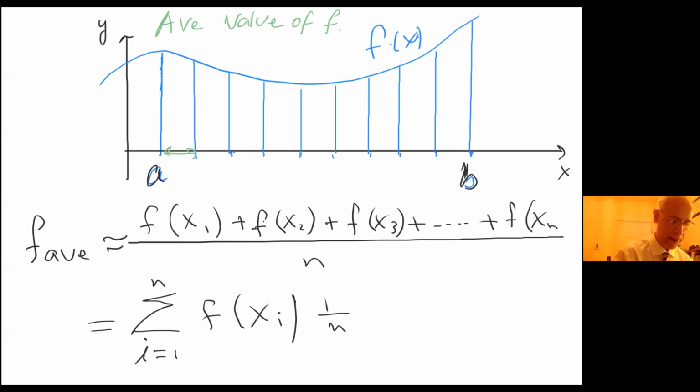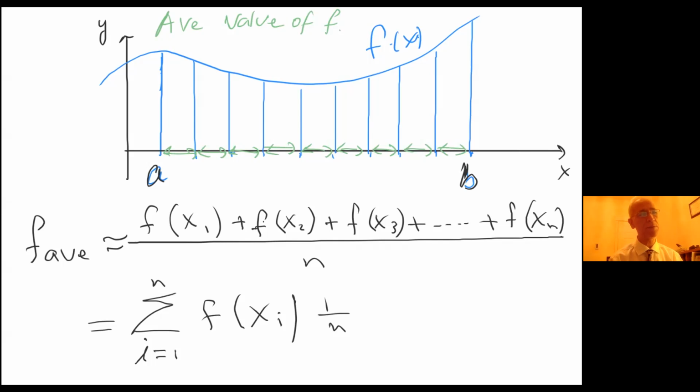Okay, so let's break this into equal distances here for x to try to make a Riemann sum out of this. So notice that f average is, if I add f of x1 plus f of x2 plus f of x3 and on, all the way to f of x sub n, the last one, and if I divide it by n, f average is almost equal to that.